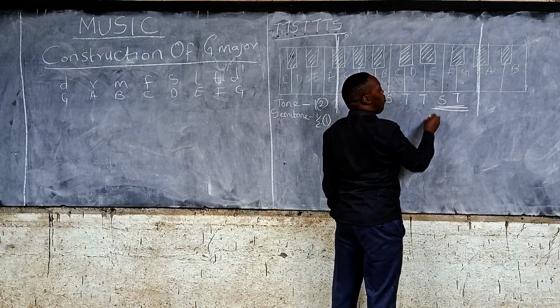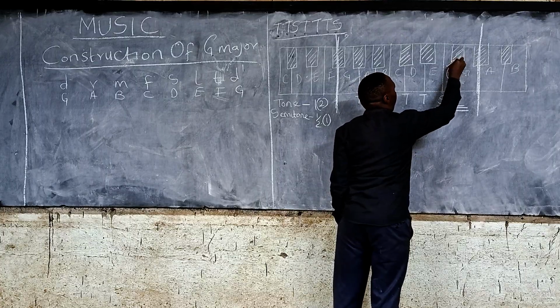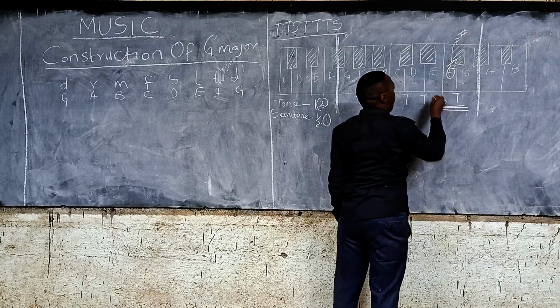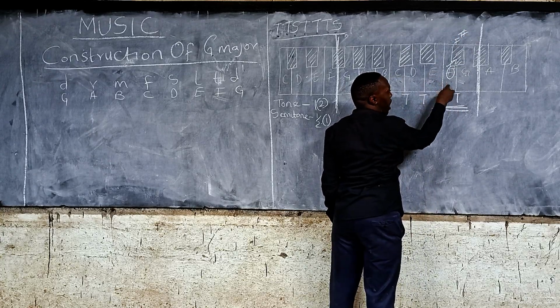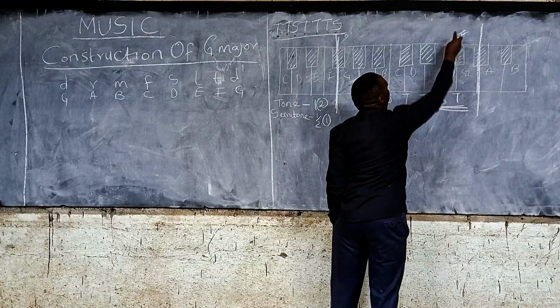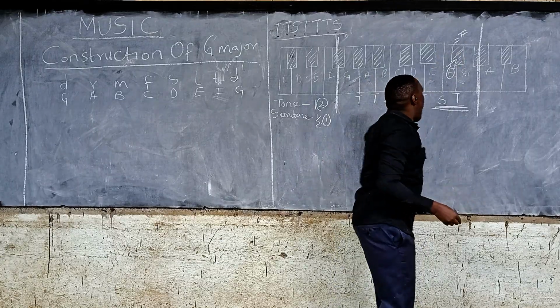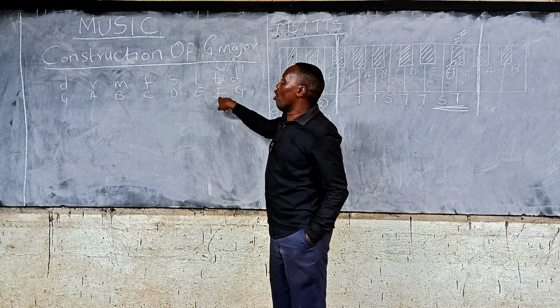Now what we are going to do, we are going to move this F here. So we are going to have F sharp here. So from E, we will move two steps, one, two. So we will have F sharp as our ti, our ti do.